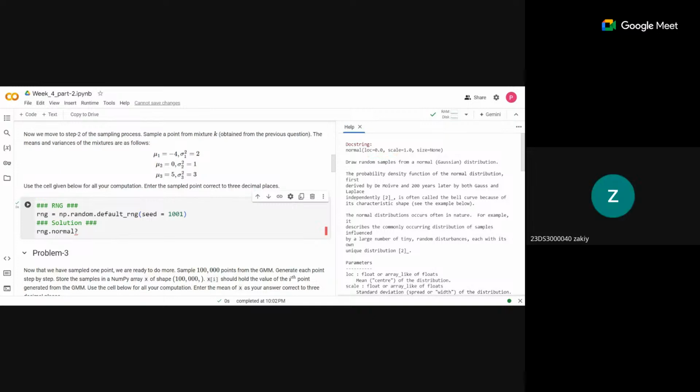Sir, here normal, is it an attribute of RNG? Yes, it is an attribute. How does this differ from SciPy norm? SciPy norm will calculate the density function value.